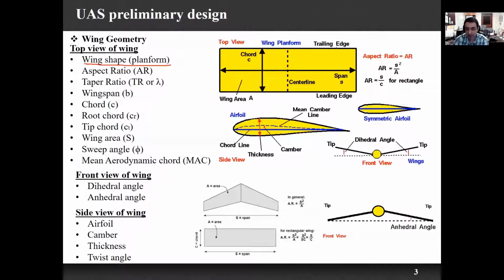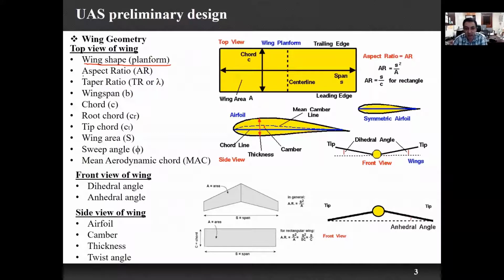For example, this is a rectangular wing shape for an airplane, or if you remember, I showed you another airplane which has a delta shape. We can have a variety of wing shapes for our airplane, as we see here. This is a simple rectangular wing shape with some rounded parts at the wing tips. So the wing shape, or planform, is the main thing which is important.